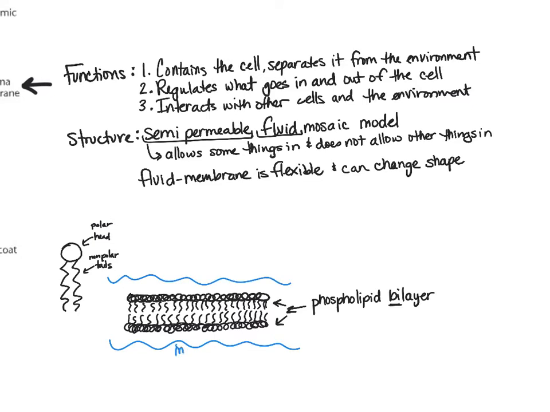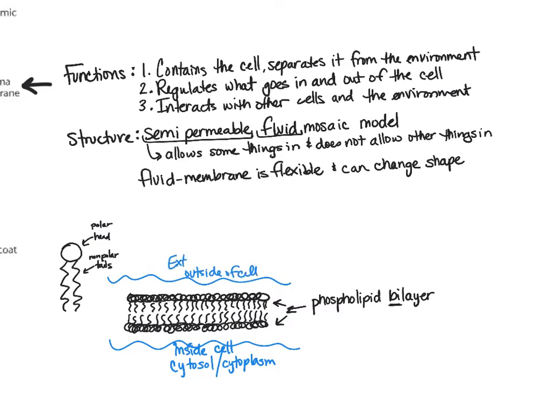So this would be, say, inside the cell. And we already talked about what was inside of the cell. We have this watery, liquidy gel mixture called the cytosol, or the cytoplasm. And then outside of the cell is also fluidy.